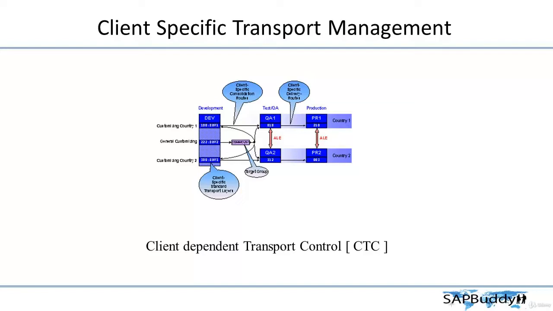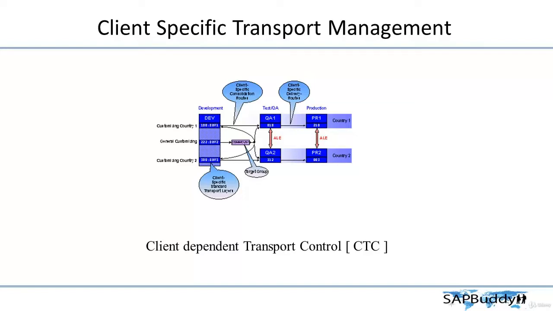The client specific consolidation route generally has the source system as well as the target system and client into which the changes need to be imported.